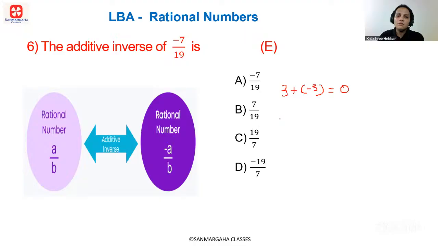Now here it is -7 by 19. So what should be the additive inverse here? It should be plus 7 by 19. So the correct answer is 7 by 19. Option B is the correct answer.